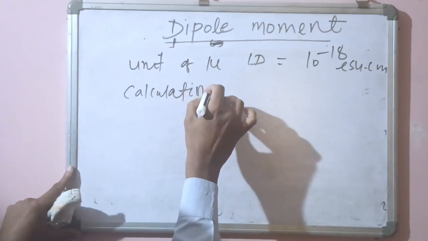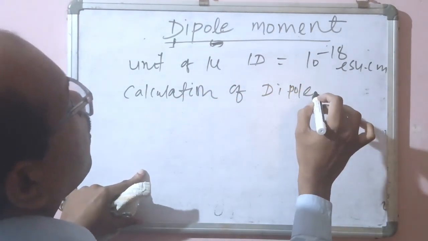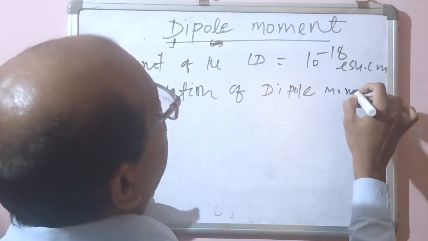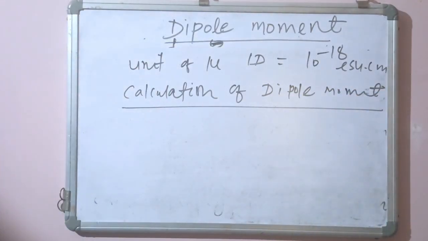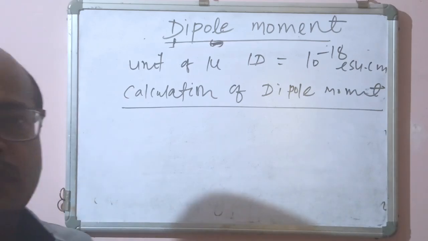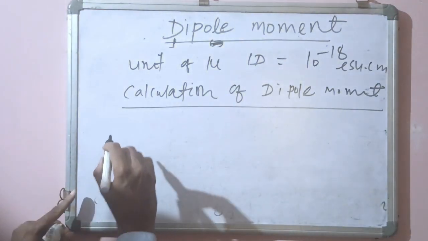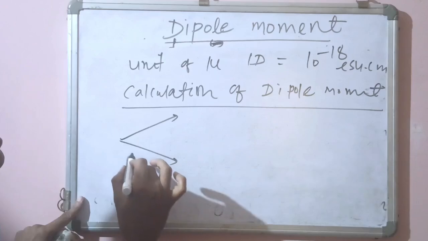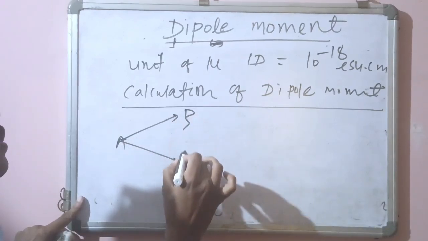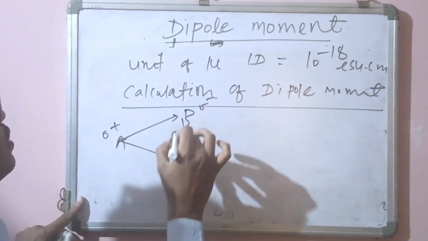Now, calculation of dipole moment. How to calculate dipole moment? To calculate dipole moment, you have to know the shape and the bond angle of the molecule. Let this be a polyatomic molecule, with A and B. Let this be delta plus and this delta minus.